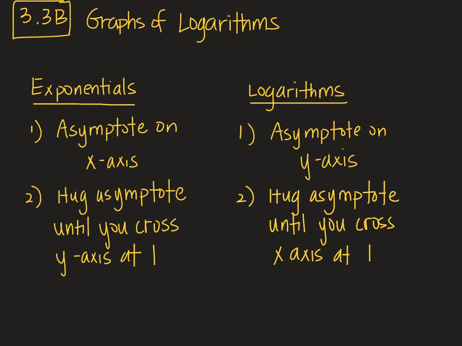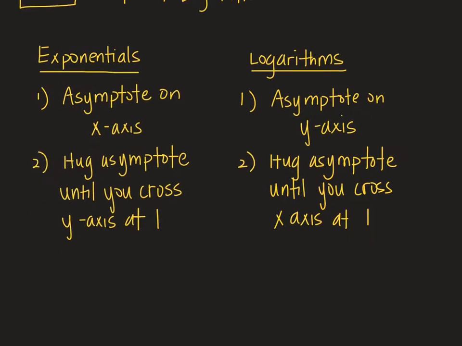They are exactly the opposite of each other in every way. They're so similar, but you don't want to mix them up. Okay, which is which? It really all depends on your asymptote being right in the first place.